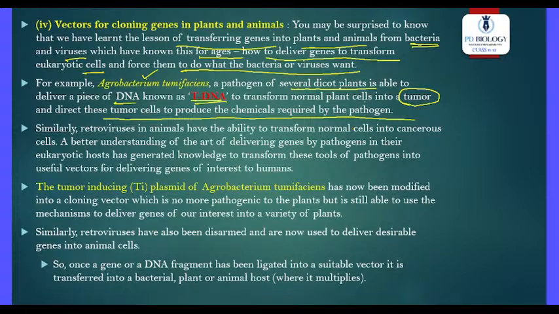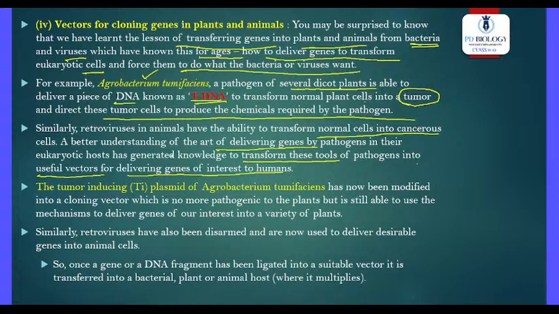Similarly, retroviruses of animals have the ability to transform normal cells into cancerous cells. So a better understanding of the art of delivering genes by pathogens in their eukaryotic host has generated knowledge to transform the tools of pathogens into useful vectors for delivering genes.